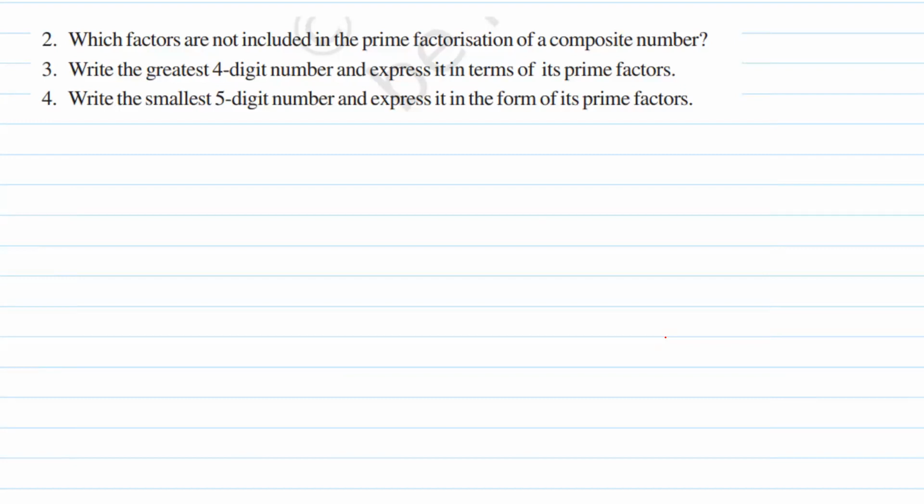Which factors are not in the prime factorization of a composite number? So for answer 2, you have to tell which factors are not included in the prime factorization. When we do the prime factorization of a composite number, which factor will not be included? 1. 1 is not included because it is not prime.